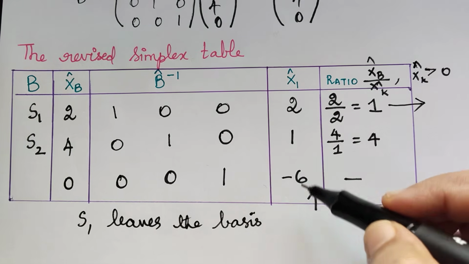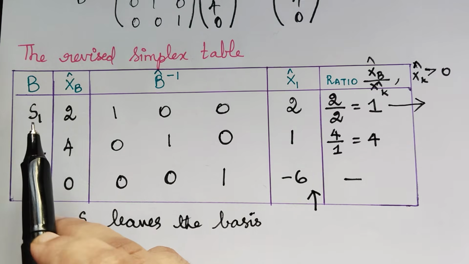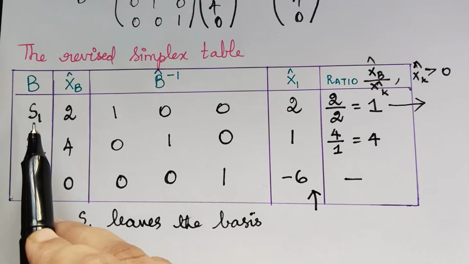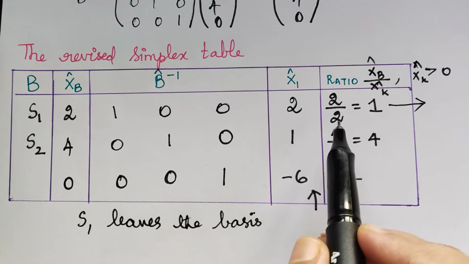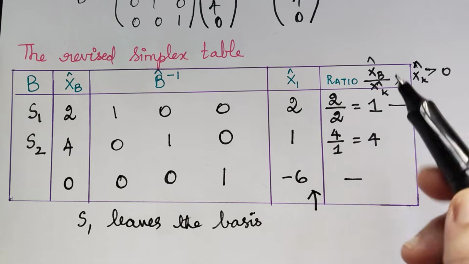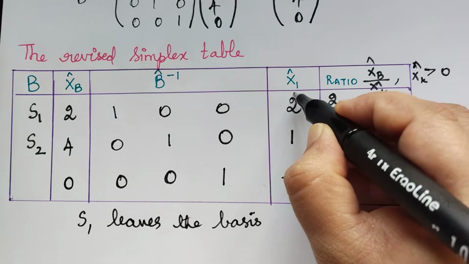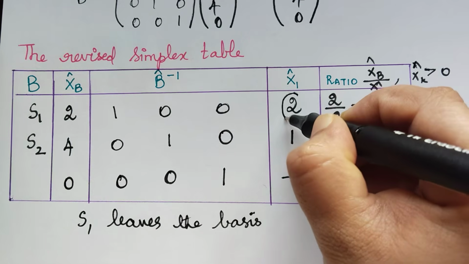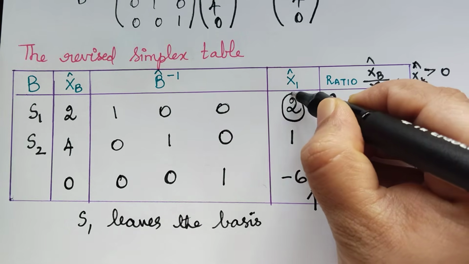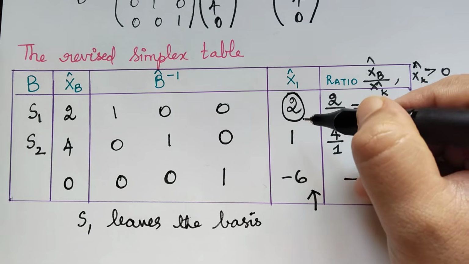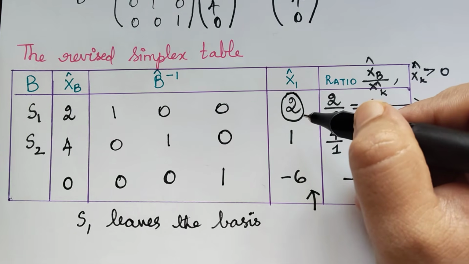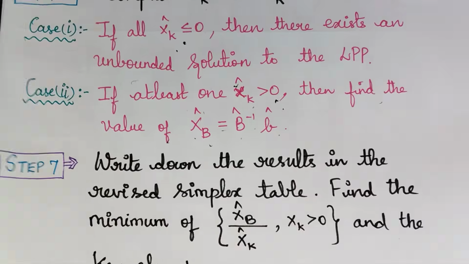So this column is known as the key column, and the row from which the variable leaves is called the key row. So the element which is common to both the key column and the key row is known as the key element. So 2 is the key element over here. So what is the step after this?